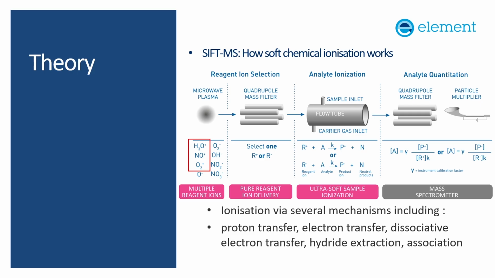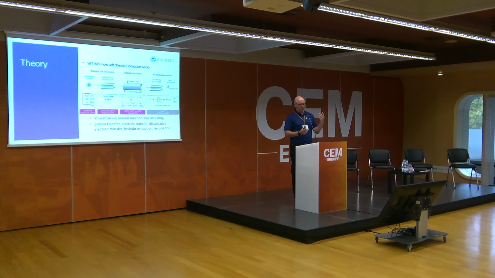So these reagent ions go through a quadrupole mass filter, which selects one of these reagent ions lots of times in a short space of time, goes into the sample inlet where it reacts with the sample gas, and you get a reaction from that. There's several different reaction mechanisms that I mentioned there. The next slide shows some examples, and then the product ions go through to a mass spec for quantification.